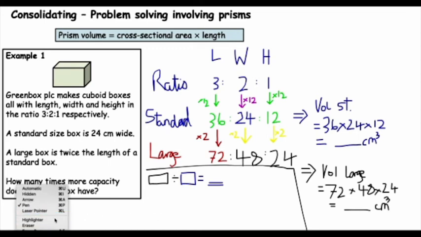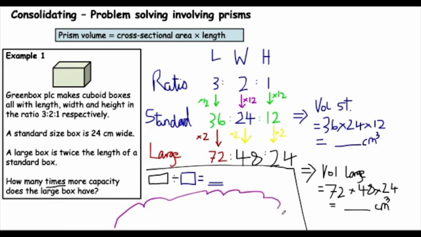Side note, there is a shortcut we can take. What you could have done is say that if you understand about volume scale factor, if the large box has twice the length of the standard box, then the volume has got to be 8 times the capacity.